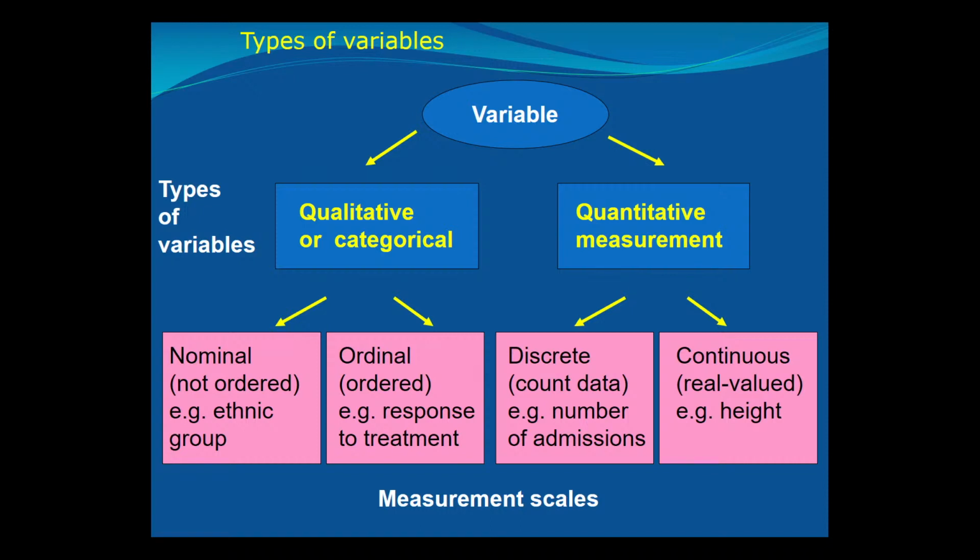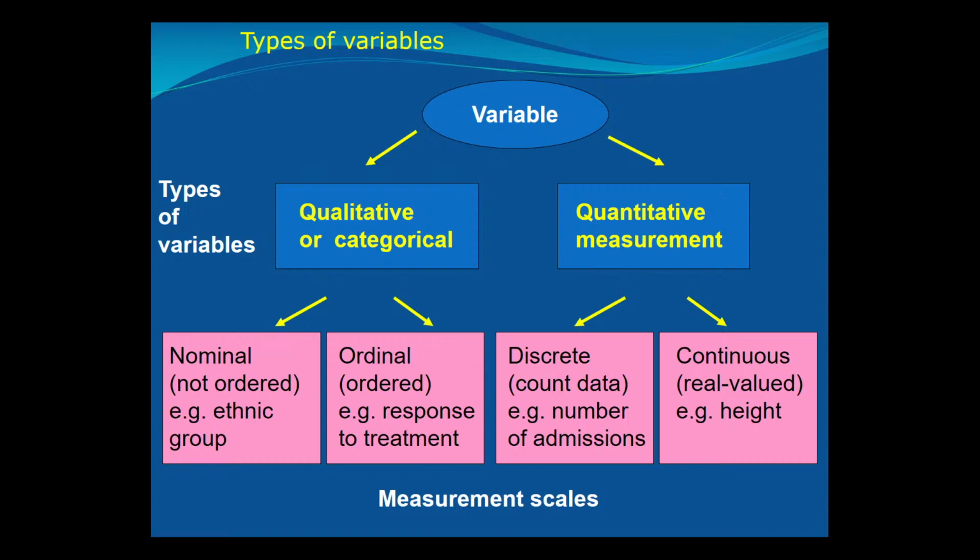Before we start any type of statistical analysis, we should understand which variable should be studied, which variable should be analyzed. All variables are divided into two subgroups: qualitative or categorical variables and quantitative variables.